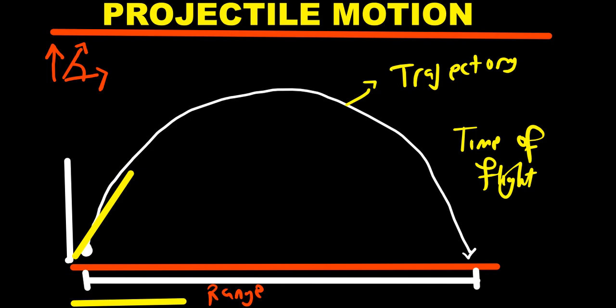So this is the vertical, in the y direction, and this is the x, the horizontal direction. It is going to make this angle. This angle here, we call the angle of projection.